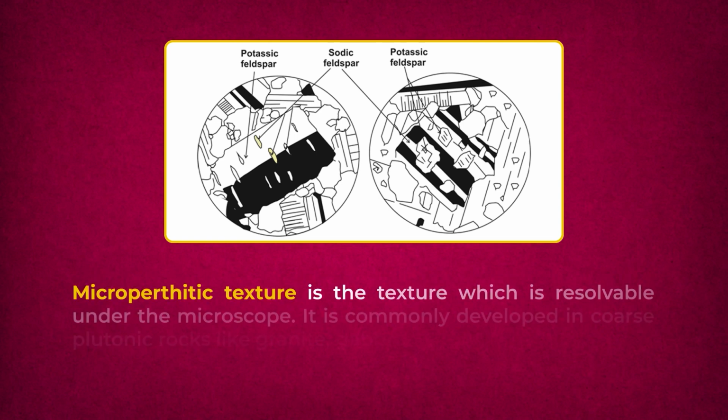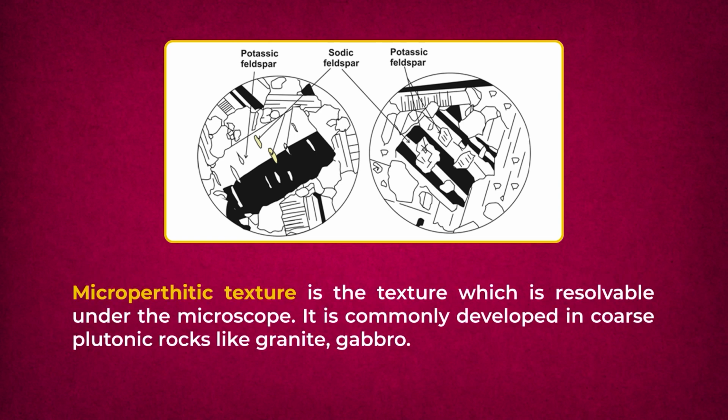The microperthitic texture is the texture which is resolvable under the microscope. It is commonly developed in coarse plutonic rocks like granite and gabbro. Then I have discussed the perthite and microperthitic textures.